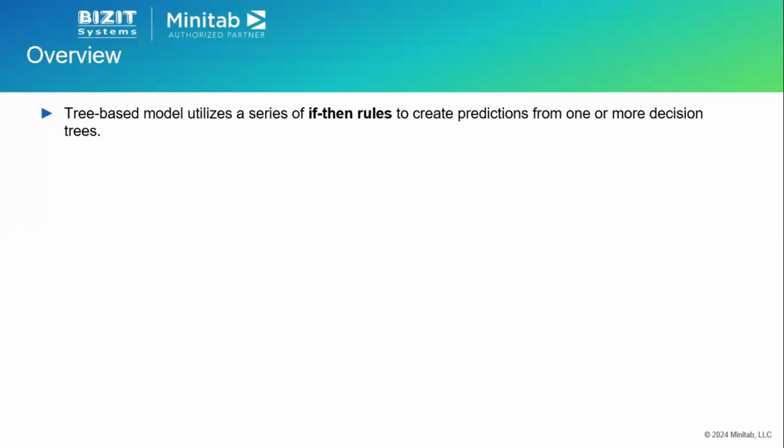So actually tree-based is something like we use if-then rules to create the prediction from one or more decision trees. So I think last time during secondary school, we already used this kind of approach. Okay, so for example, today I will give you a simple analogy.